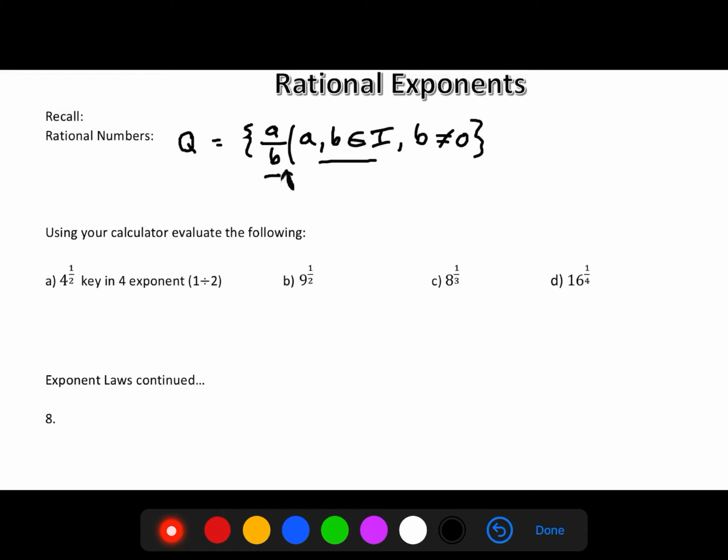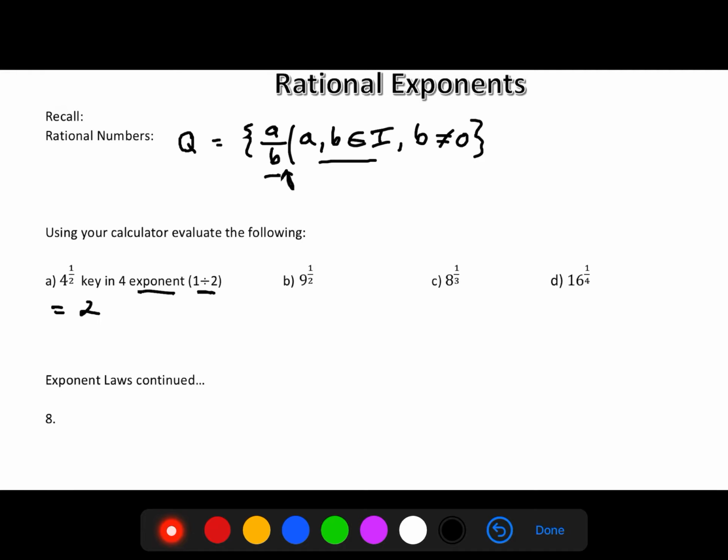Keying into your calculator 4 to the power of 1/2. We can key in 4 to the power of 0.5, but it gets a little more difficult when we're talking about things that don't round evenly. So what we're going to do is key into our calculator 4, then your exponent button, and in brackets, we're going to make sure that that 1/2 is in brackets.